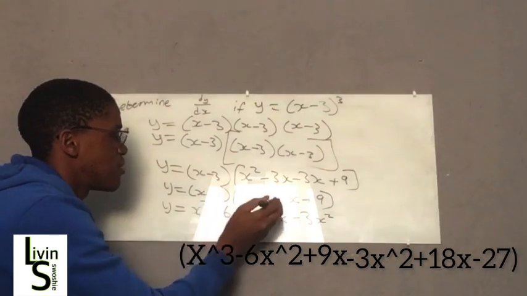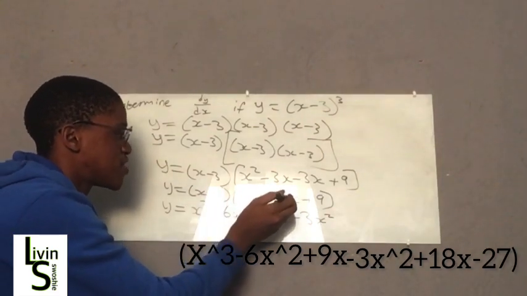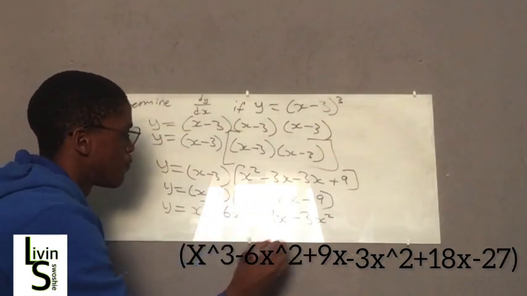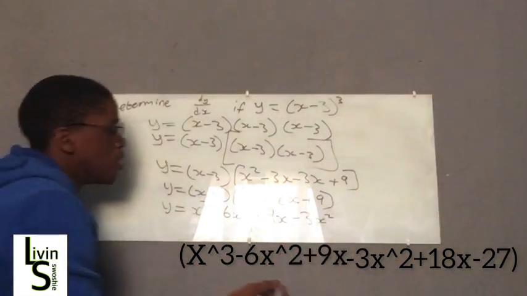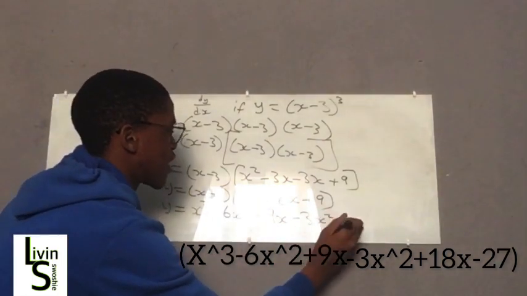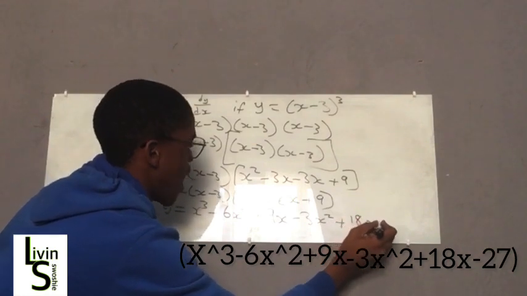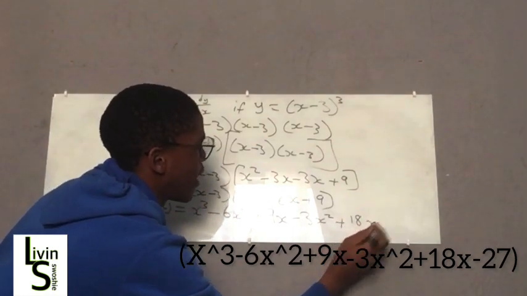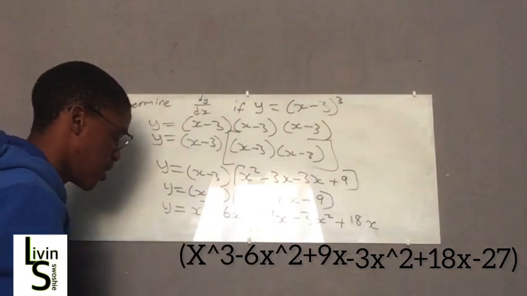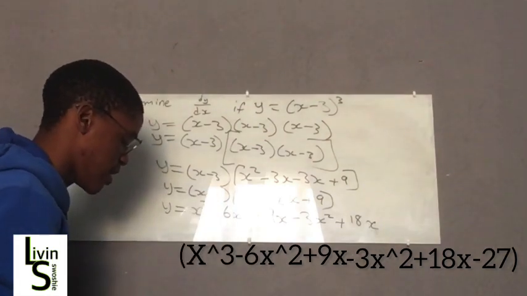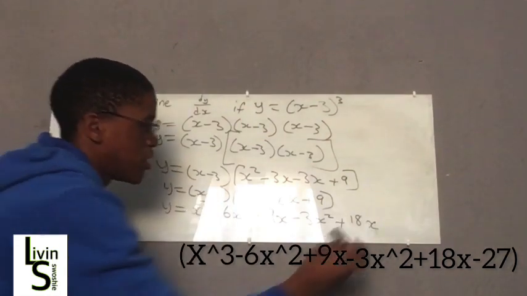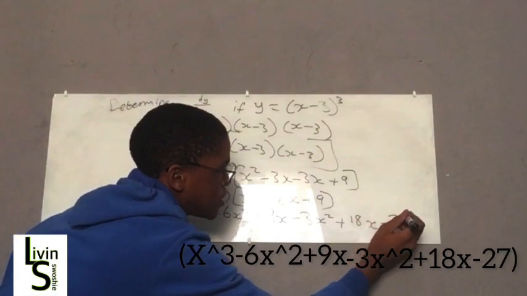Negative 3 times negative 6x, so it's going to be positive 18x, and then negative 3 times 9 it's going to be negative 27.